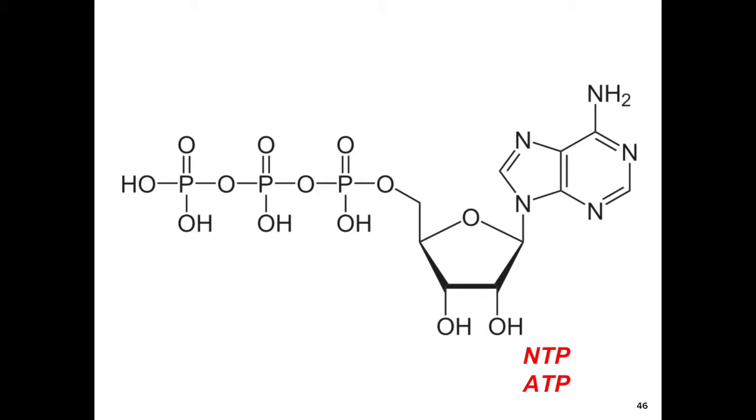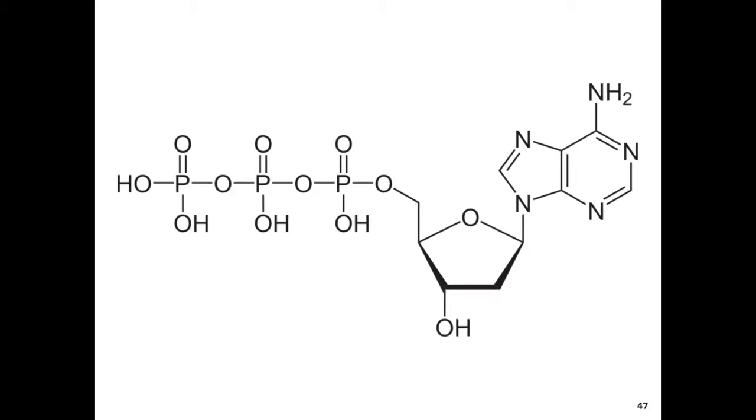The one that we've talked about is ATP, and that's because it's an adenine base that's attached to the sugar. But this applies for guanine bases that are on the sugar, and thymine bases, and cytosine bases as well, and uracil as well.